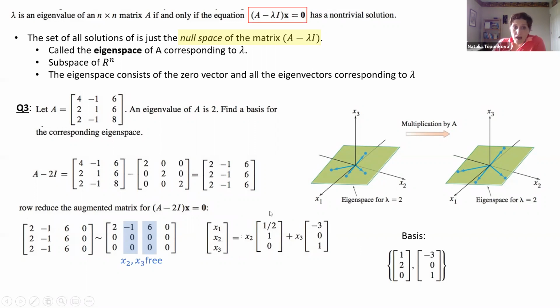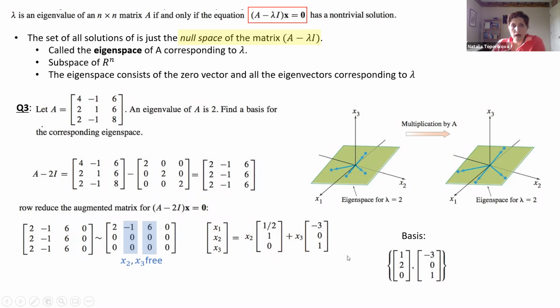And by the way, those two vectors are our eigenvectors. Because x2 and x3 can be anything, and I don't like to have a fraction here, I take the first vector multiplied by 2 to form a neater looking basis for our vectors.